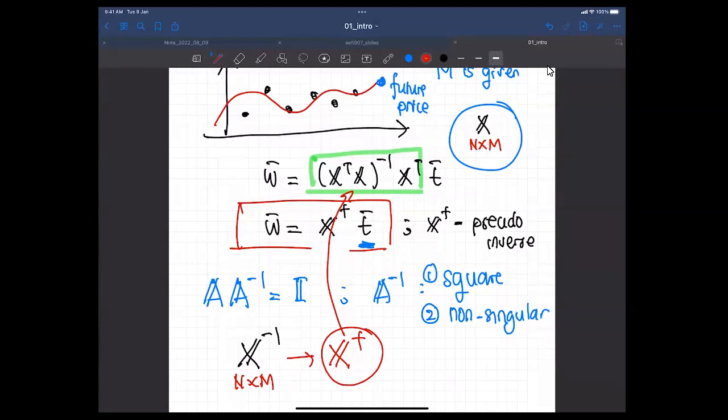There are interesting things about non-singularity, right? Non-singularity has something to do with underdetermined and overdetermined systems. There is an interesting physical underlying intuition about singular and non-singular matrices.